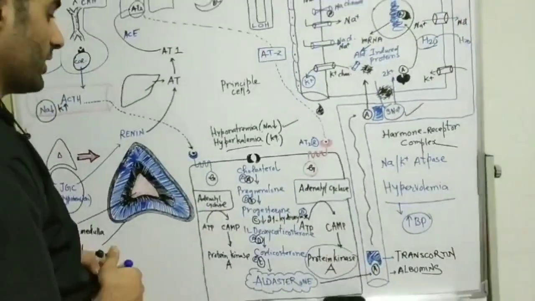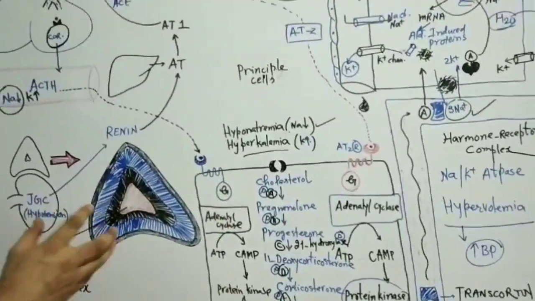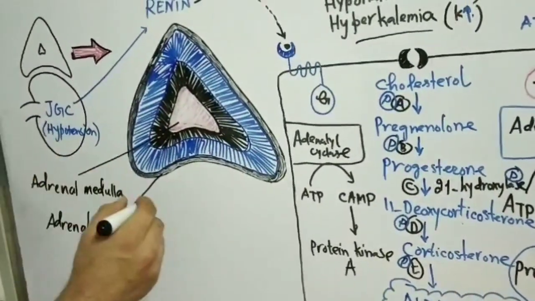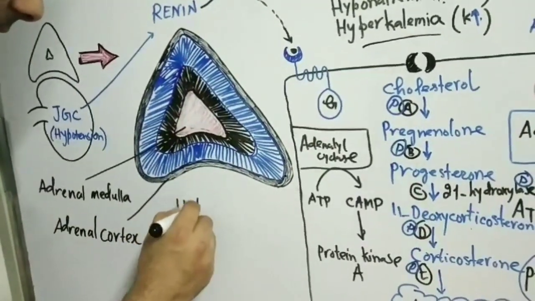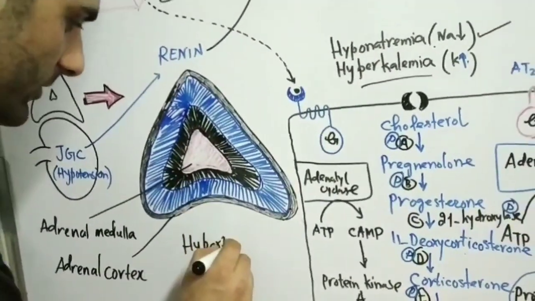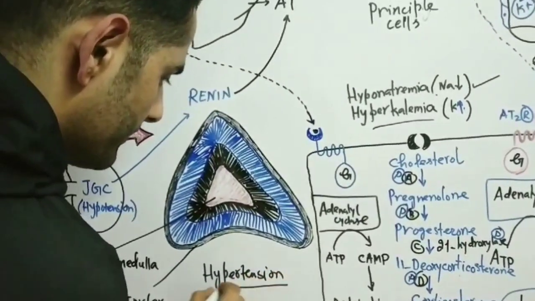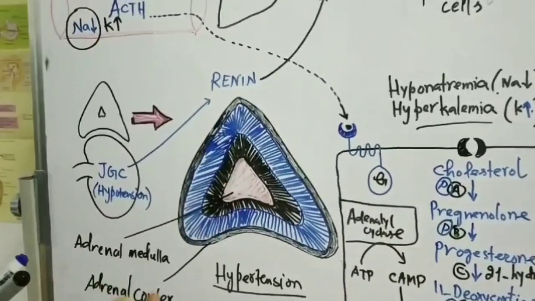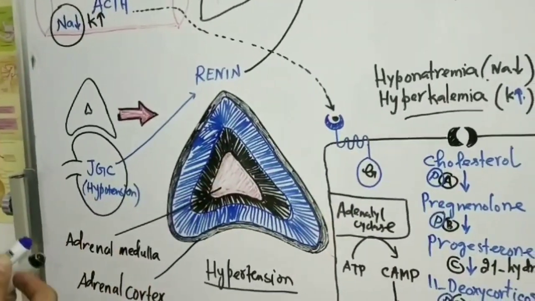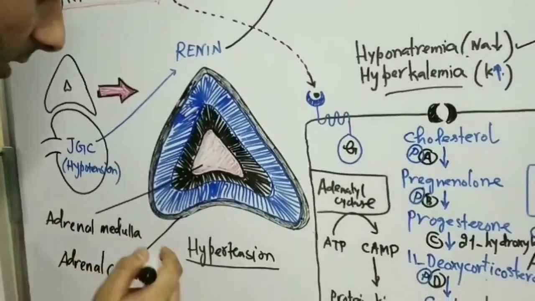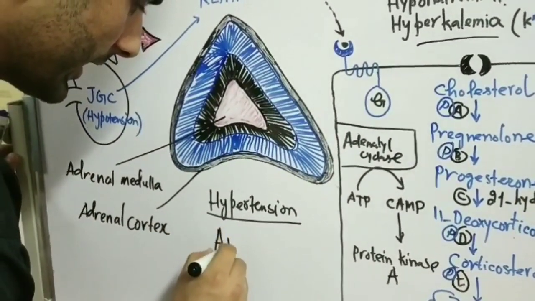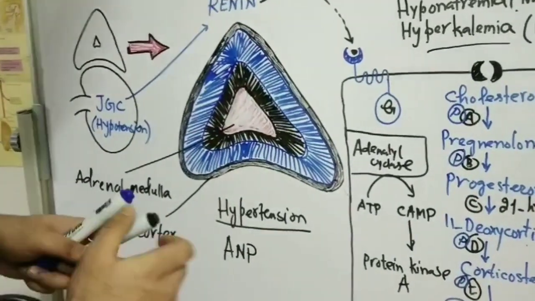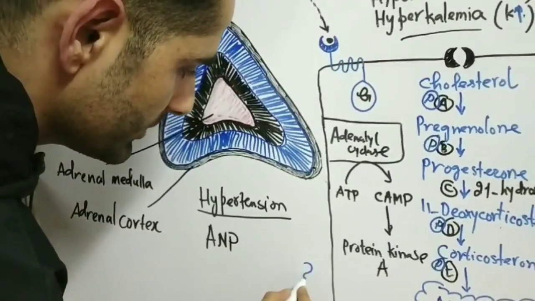Okay. Now one thing I also want to explain here. If there is hypertension, increase in blood pressure, our atria are going to produce a peptide which is called atrial natriuretic peptide, ANP. Okay, now look here. Here are the receptors.